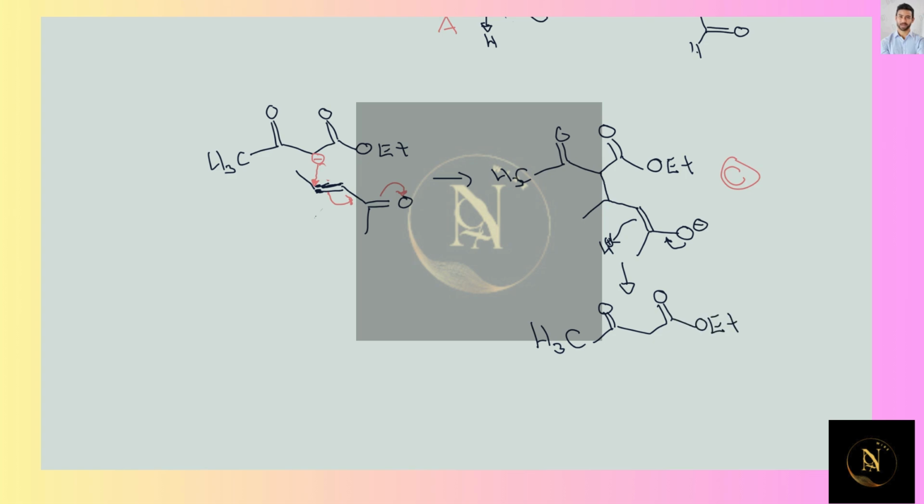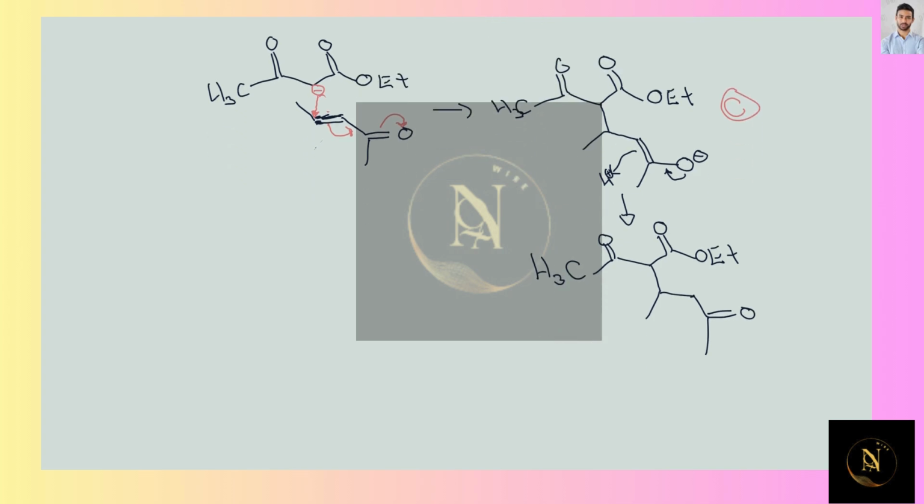We write down the structure and then with a lot of care, double bond oxygen and a carbon additional here. So that is going to be our compound D. Okay.